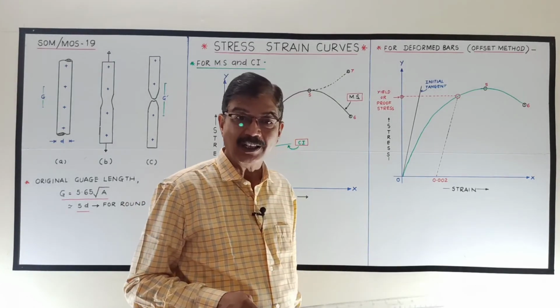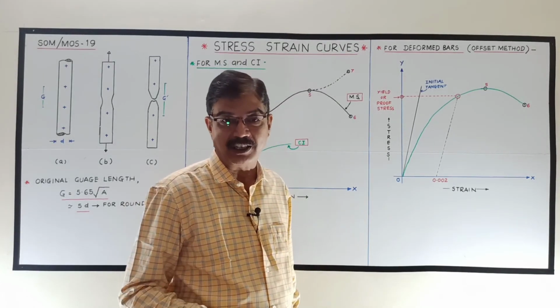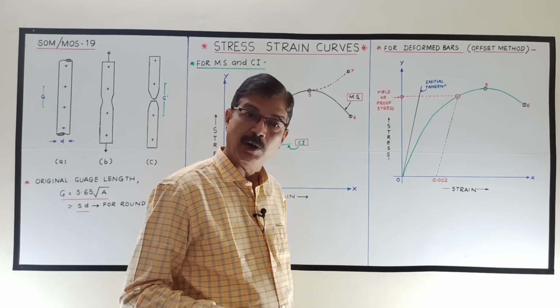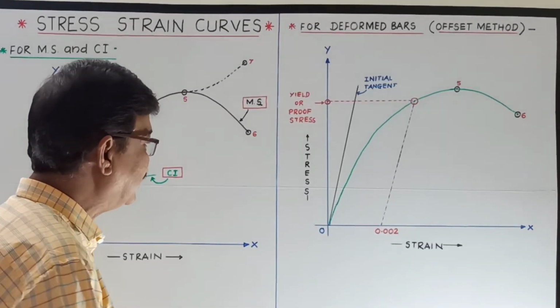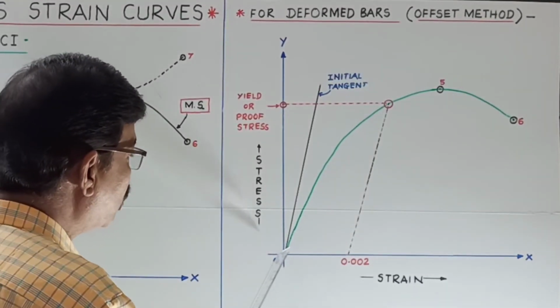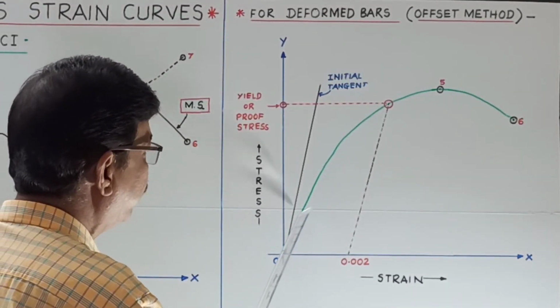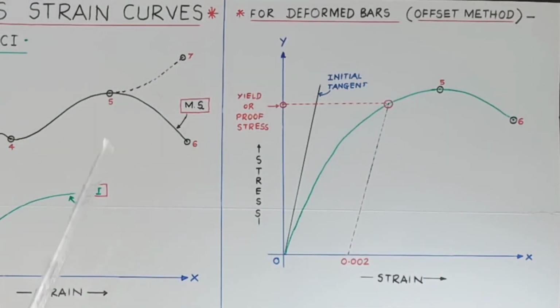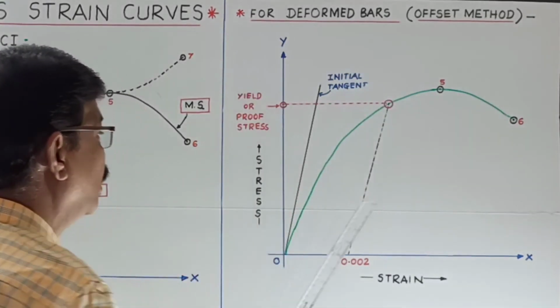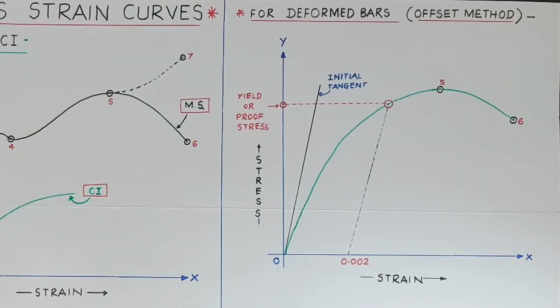Now for Torsteel, if you place it in the universal testing machine as usual and apply gradually increasing load, you will find that the curve is almost continuous from the beginning. For such deformed bars where a distinct yield point cannot be observed, the offset method is used. Now what is the offset method?